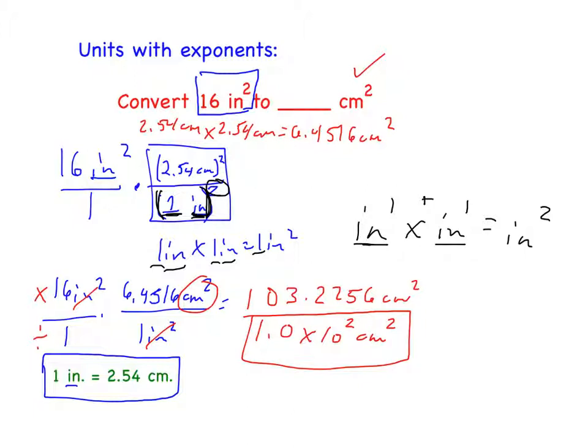And then, of course, we did the same thing up here with our 2.54 centimeters. You multiply 2.54 and 2.54 to get 6.4516. And then centimeters to the first exponent times centimeters to the first exponent equals centimeters to the second exponent. Okay?